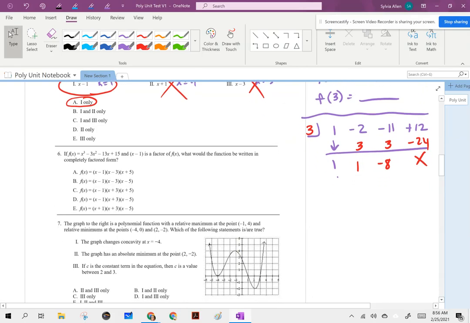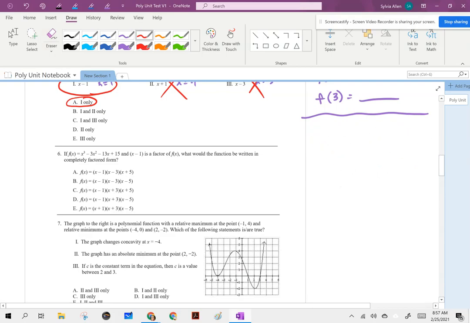Number 6, if f of x and x minus 1 is a factor, what would the function be written in completely factored form? Okay, so the cool thing about this is we can synthetically divide, right? So let me make some room over here.